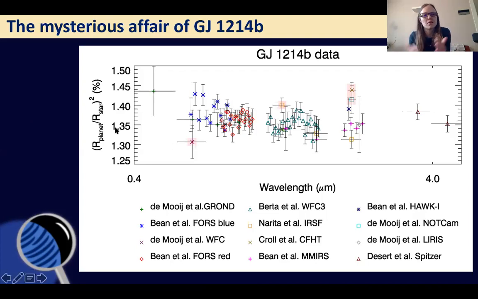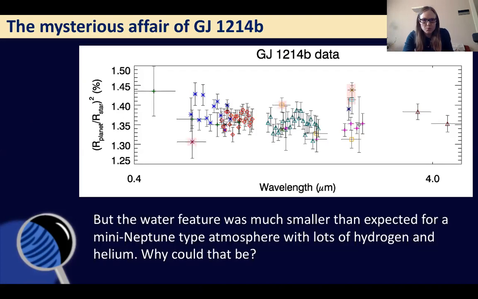We weren't seeing so many lumps and bumps as we saw for those hot Jupiters. But what we did think we saw was water. So this little bump that's outlined by those green points, it looks like water. So everyone thought, okay, well, it's flat, but it looks like we've got water. Maybe that means we've got a water world on our hands for the first time.